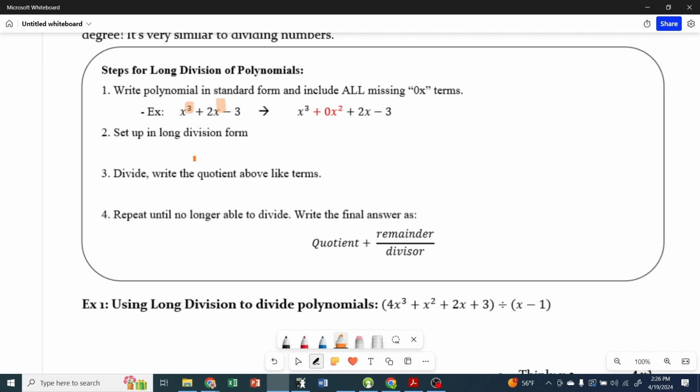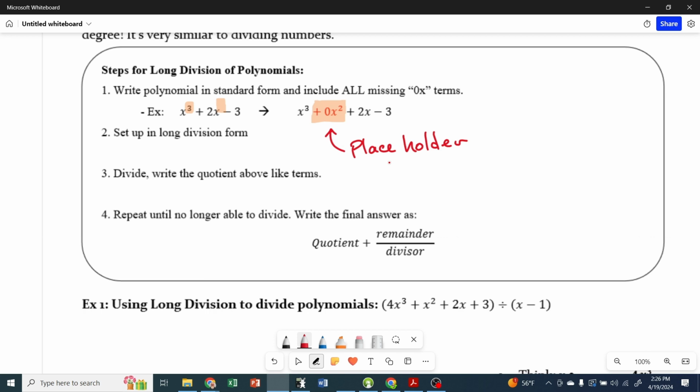We don't write it, so we're missing x squared. So you have to put in this spot what I call a placeholder. This will allow you to do your division without having issues in regards to having something in that spot.